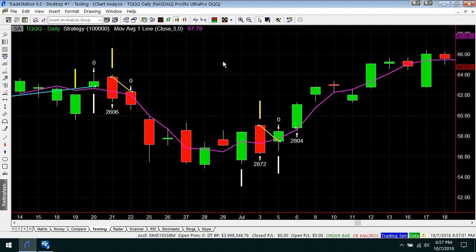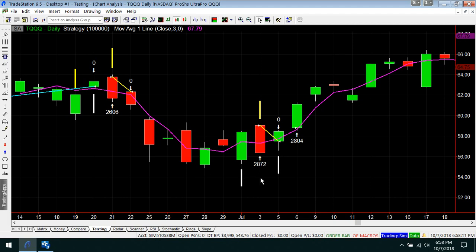There's a couple of things in addition to that. On the chart, there are yellow bars above certain of the trading bars and white bars sometimes below the trading bars. These are there because they mark what to do the following day.